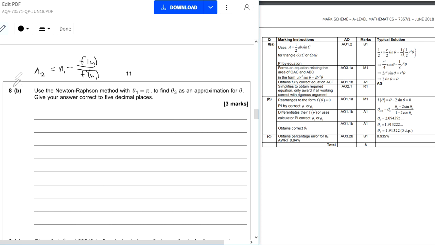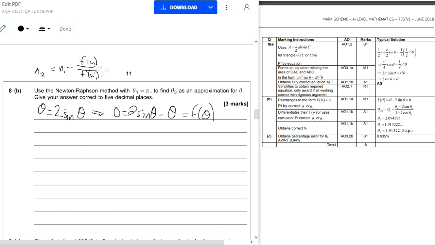So Newton-Raphson method, I've got it written here, but it's important to find out what f of x actually is. So we have the equation theta equals 2 sine theta. Now, what we're looking for is something that equals 0. So, to do that, I'm just going to write 0 equals 2 sine theta minus theta. And that's going to be our f of theta.